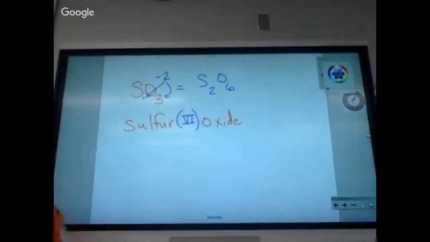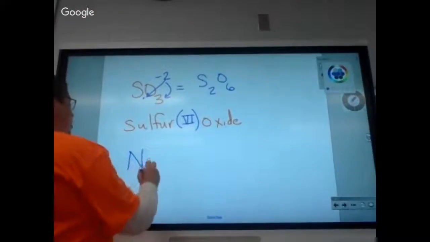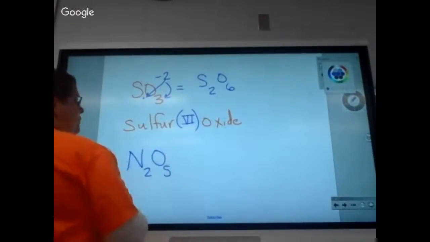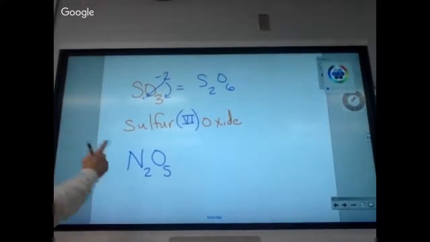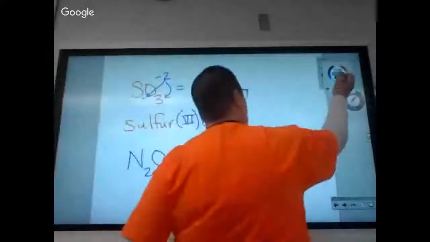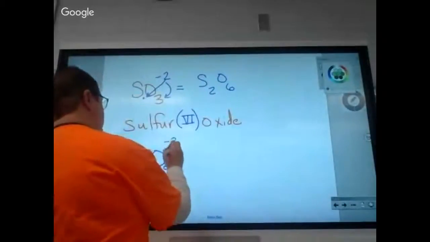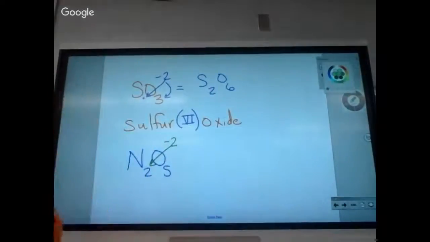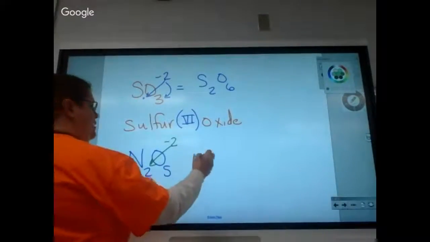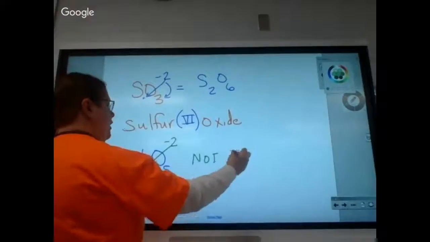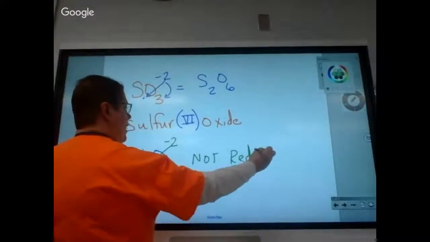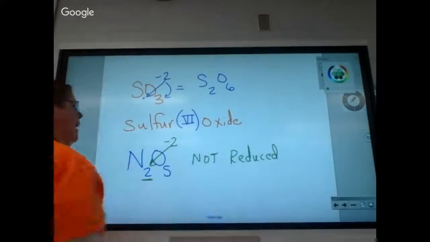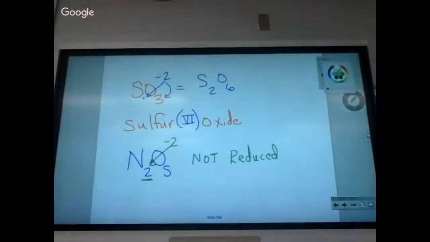Okay? So what if I have N2O5? All right. Was that reduced? No. This formula has the 2 there. That 2 is in the formula. This one was not reduced. So do I need to go backwards to figure out what the formula used to be?